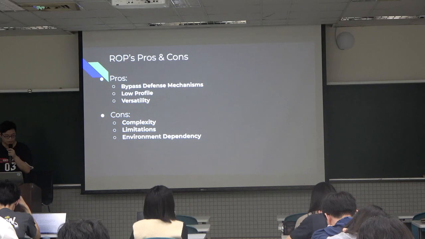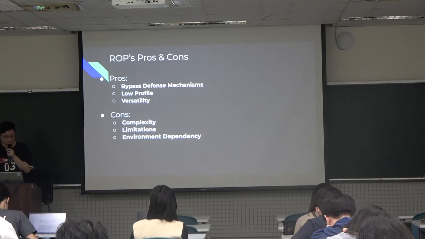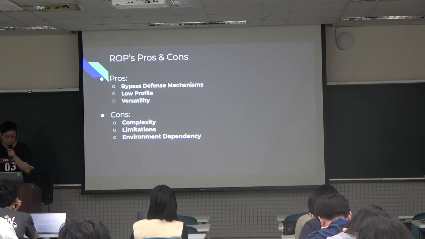The second one is low profile, since attackers are using existing code in the program rather than injecting new code, so it makes the system hard to detect. The third one is versatility. ROP chains can be shared across different applications and systems as long as they are using the same library or modules.